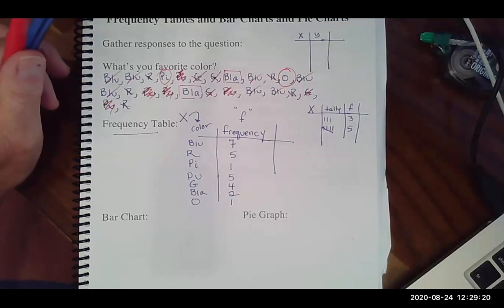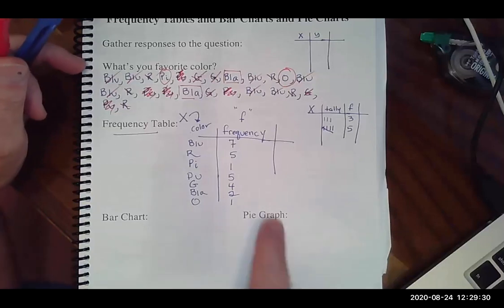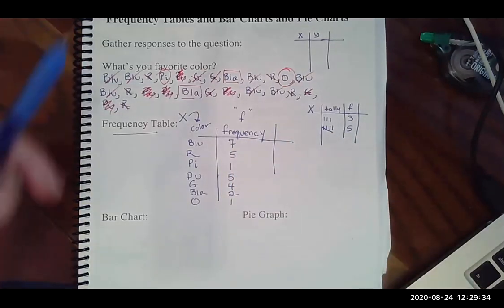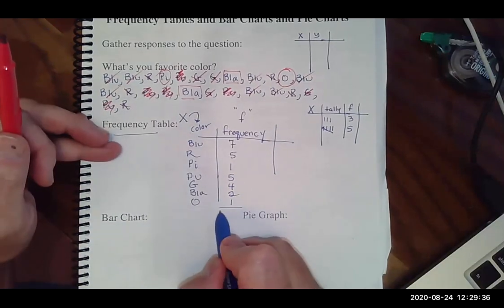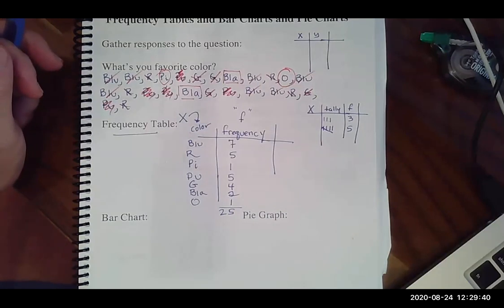I'm wondering if I'm finished. Anybody see something that I might have missed? No, let's see, 12, 13, 18, 20. I have 25. I think that's what I said I was supposed to have, 25. Okay. So I've got a total of 25 responses.